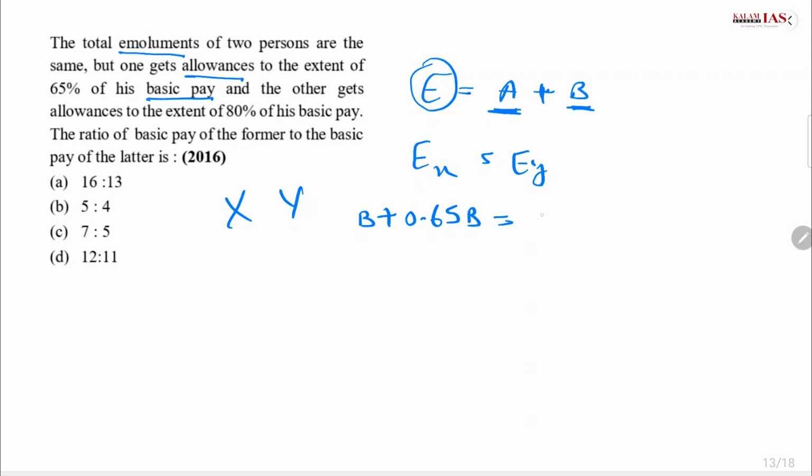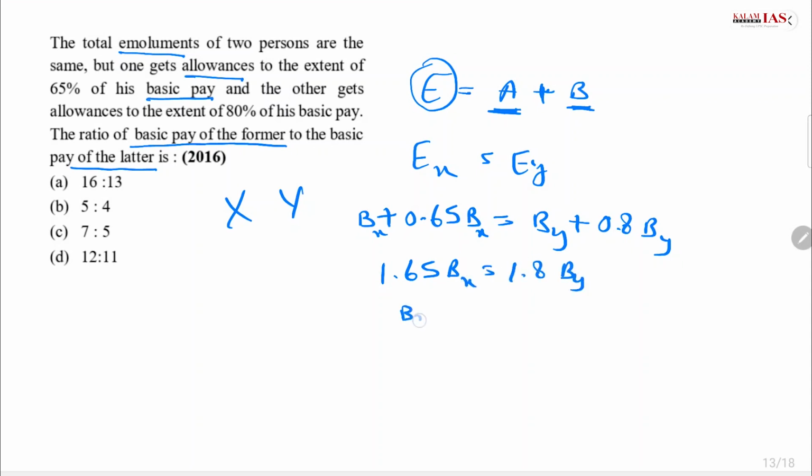For Y, it is basic pay plus 0.8 BY. Now let's simplify this. It is asking the ratio of the basic pay of the former to the basic pay of the latter. Simply adding, we get 1.65 BX is equal to 1.8 BY. BX by BY is equal to 1.8 by 1.65.